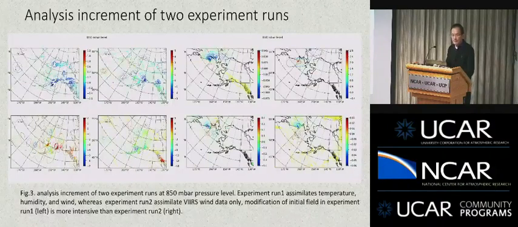So here's the analysis of the increment of the two experiment runs. On your left is experiment 1, which assimilated various wind data plus observation data, and on your right is the various data only.